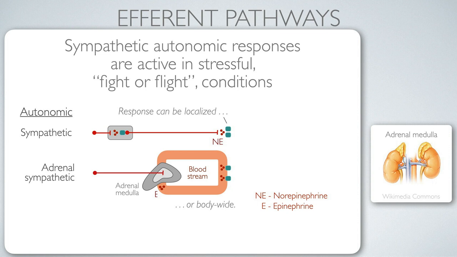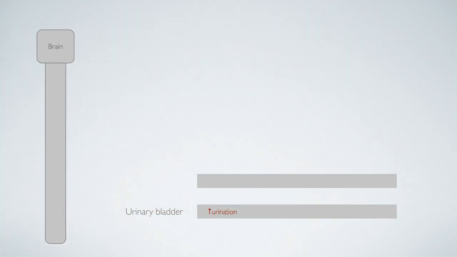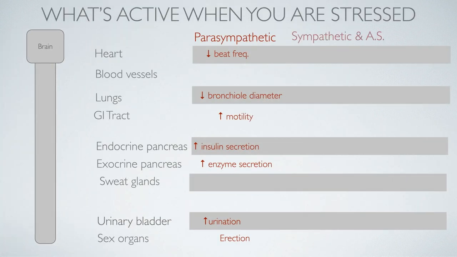So if we return to our table of organs and responses, we can add the sympathetic pathways to that. So here AS is the adrenal sympathetic. So we're going to itemize the responses in these various organs when you're in a fight or flight situation. Again, being chased by a bear as an example. Some of these are merely the opposite of the parasympathetic response.